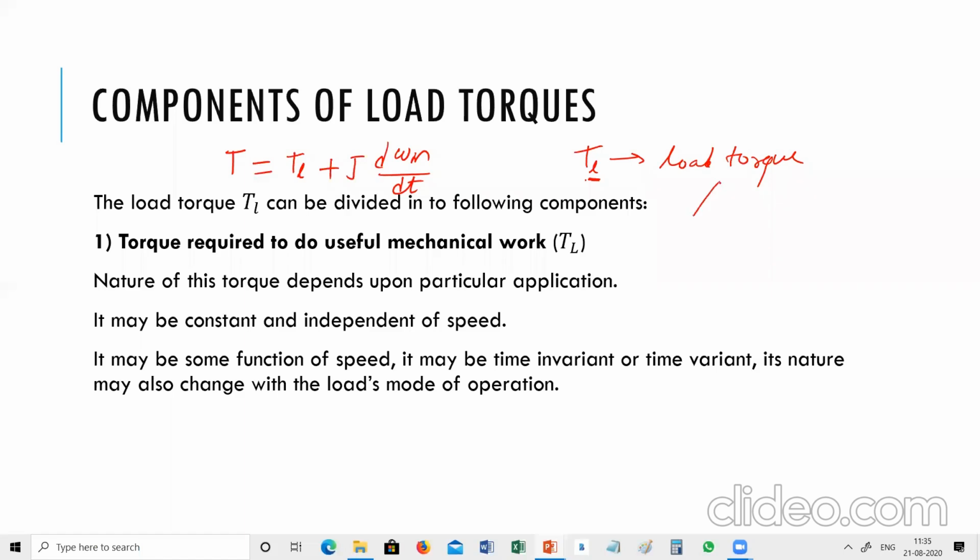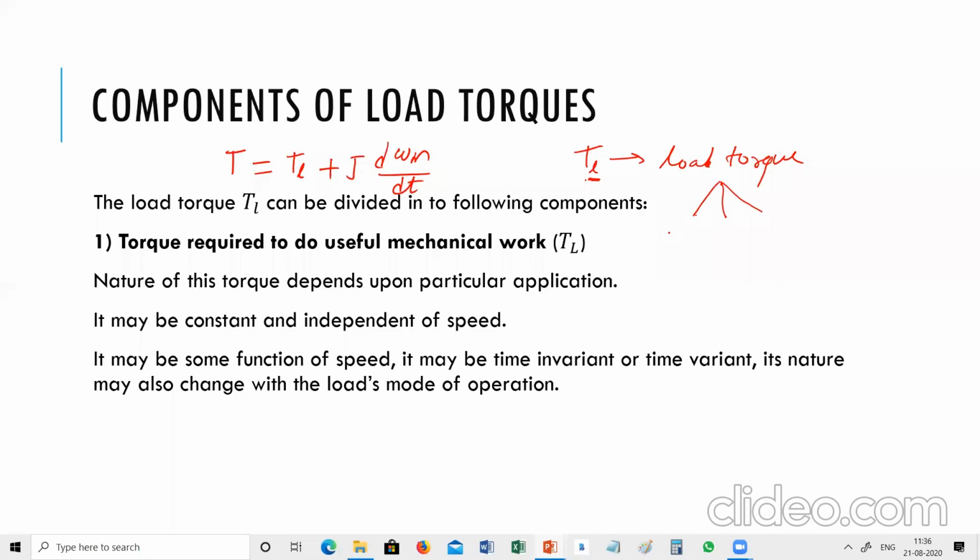Actually, when we want to run a motor, it has to supply various torques. For example, in AC machines and in DC machines, we have used the word losses, for example friction losses, windage losses.